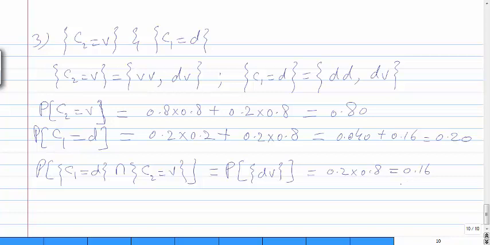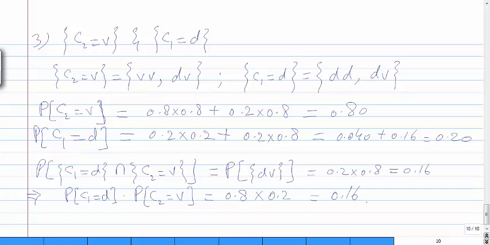Now if I apply the formula for independence, the probability of C1 equal to D times the probability of C2 equal to V is 0.2 times 0.8, so it becomes 0.16.